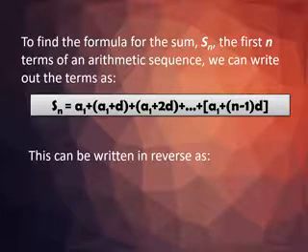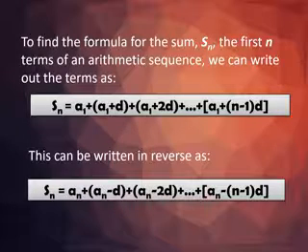This can be written in reverse as S sub n is equal to a sub n, which is the last term, plus a sub n minus d, which is the second-to-last term, plus a sub n minus 2d, which is the third-to-last term, and so on until the first term.